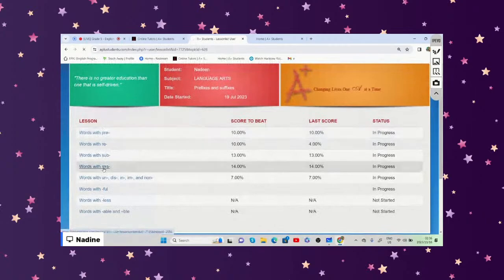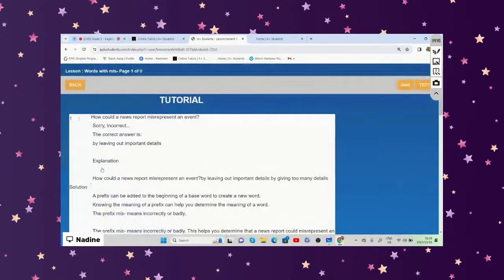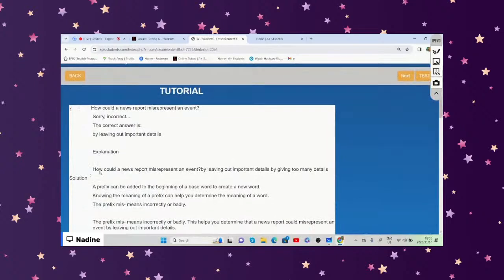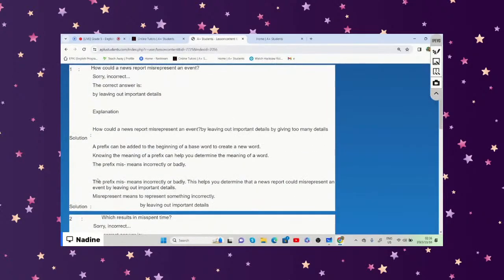All right, so now we're going to words with mis. Remember, in order for you to easily understand the prefix, you need to know the meaning of that specific prefix.